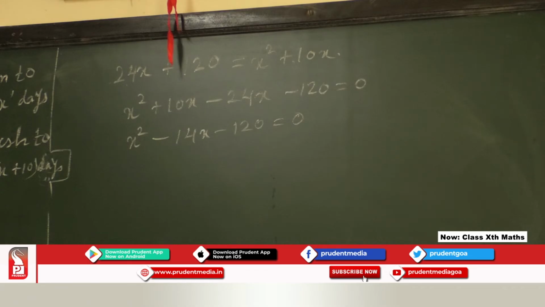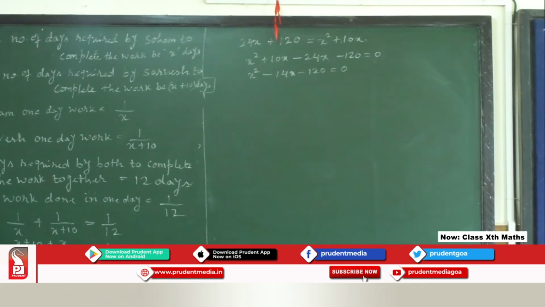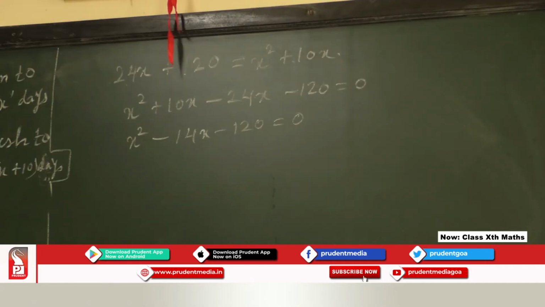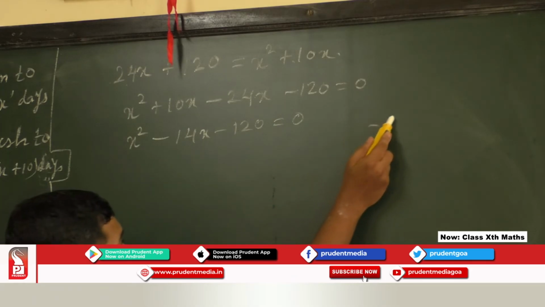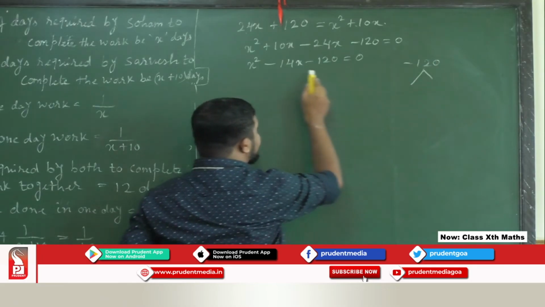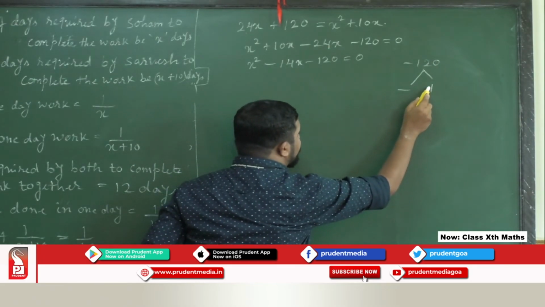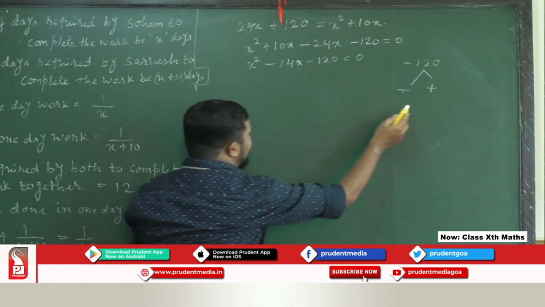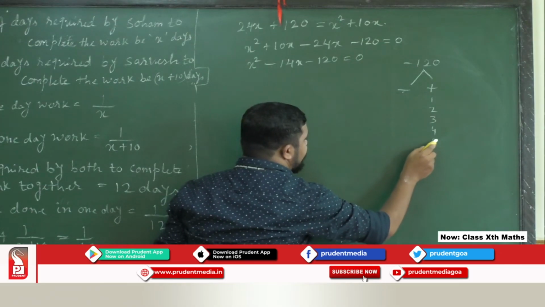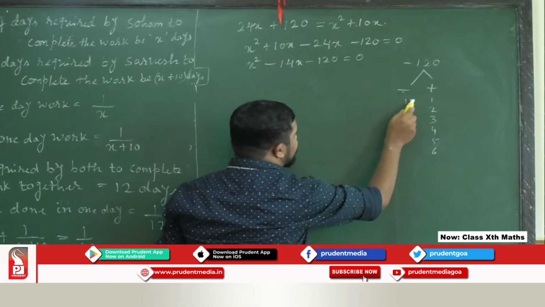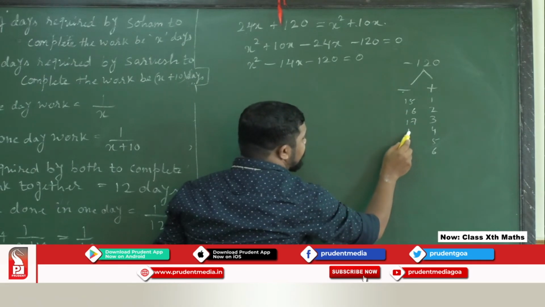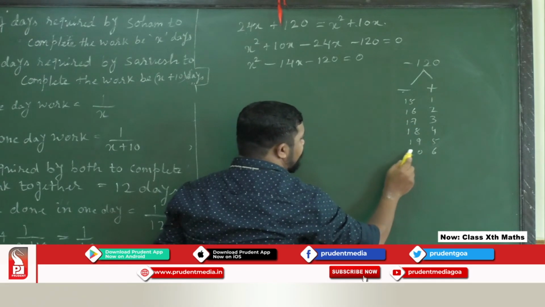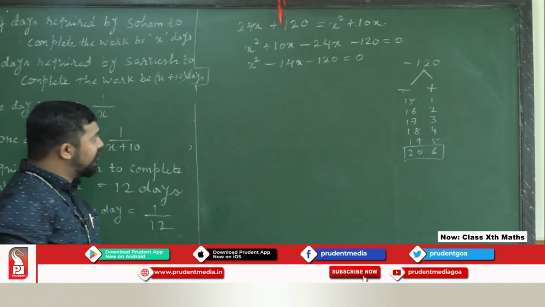So now use any method and find out by using either quadratic formula or you can use your factorization method. So let us use your factorization method because you use quadratic so many times. So minus 120, find factors of 120, negative, positive, because negative into positive is negative. If the last term is negative, we increase the number by 1. So this side we write the number fixed. So 15, 16, 17, 18, 19, 20. 20 into 6 is 120.